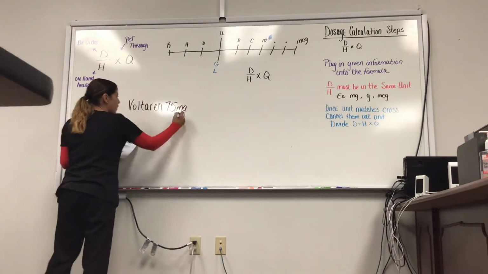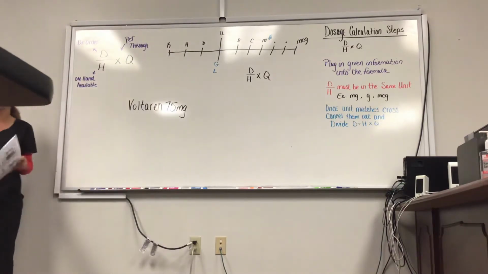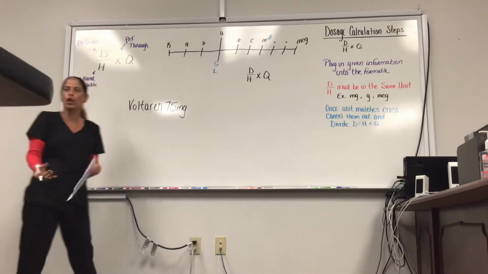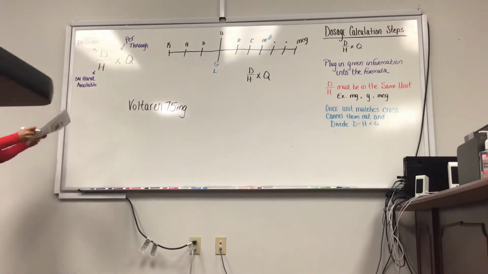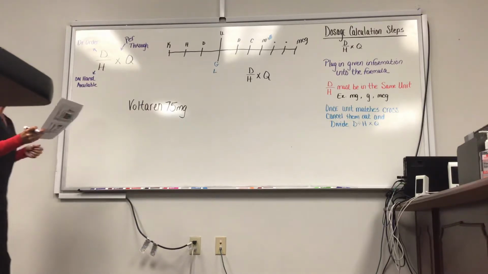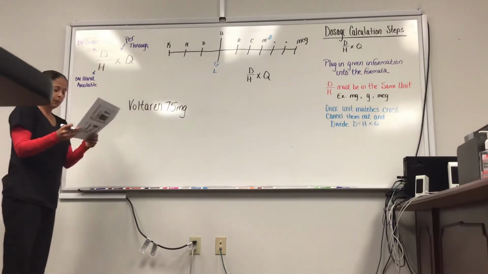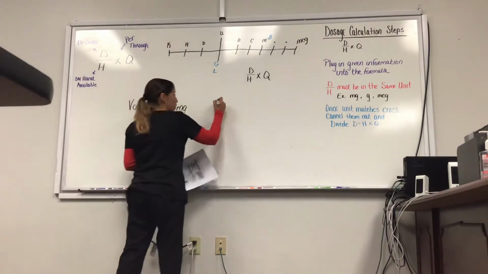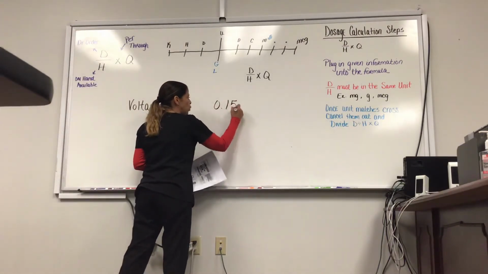That's what we have available to us. We're looking at a label. Keep thinking, this is the bottle I'm looking at. This is what's available to us. Voltaren 75 milligrams is what we have available. What did the doctor order? 0.15 grams.